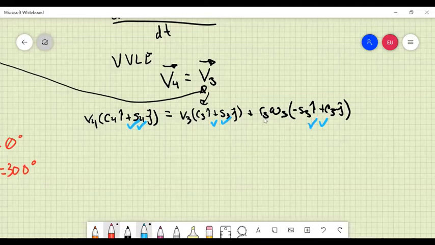Theta 3, I know it. Do I know R3? Now I know it, right? Theta 3 was one of the outputs of the position problem. Of course, I don't know omega 3 and I don't know B3.